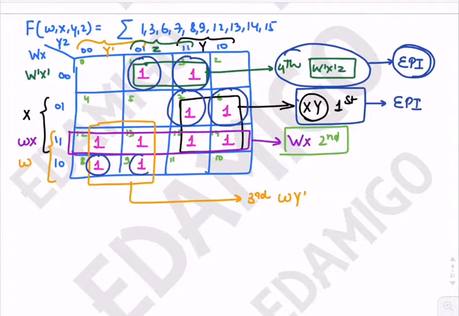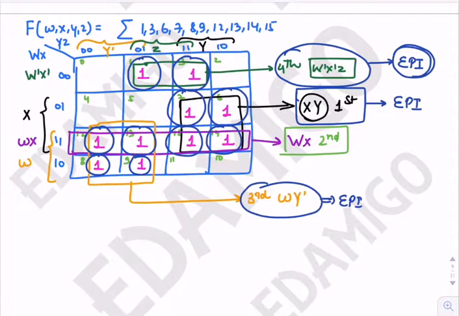These two minterms are exclusively covered by the third one, so this is also essential. But the second one covers minterms which are non-exclusive, covered by other prime implicants also, so this is a non-essential prime implicant. So there are four prime implicants and three essential prime implicants.